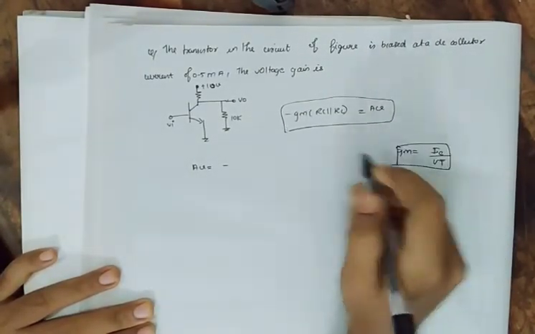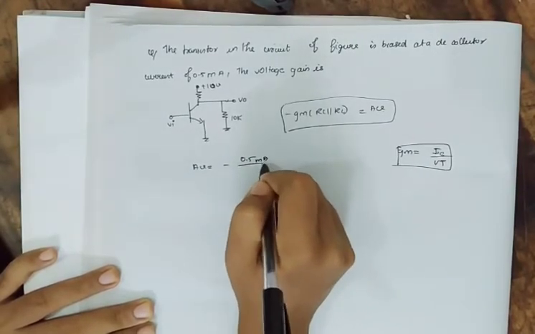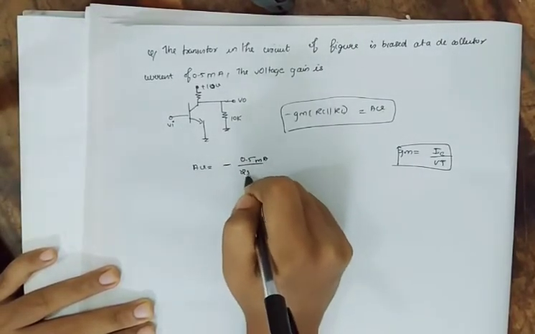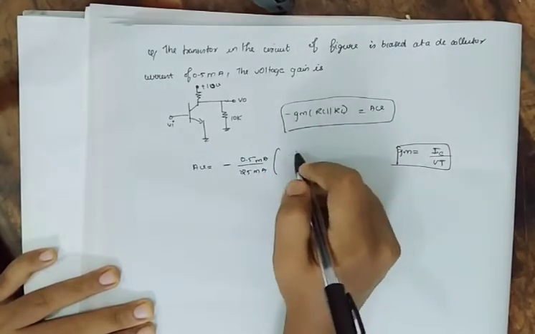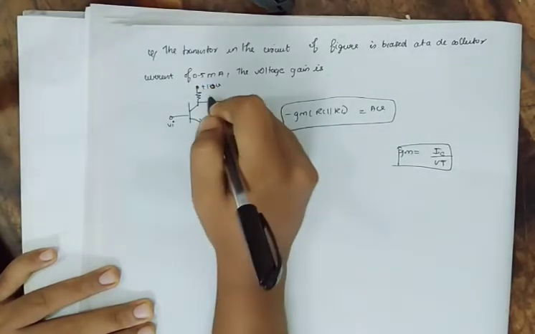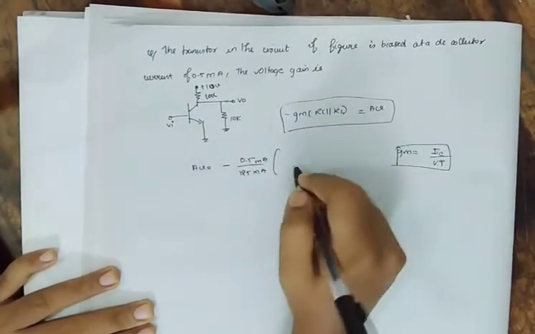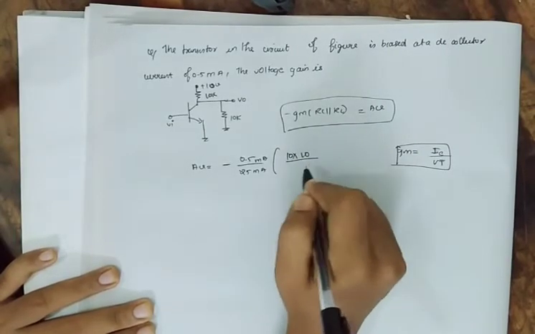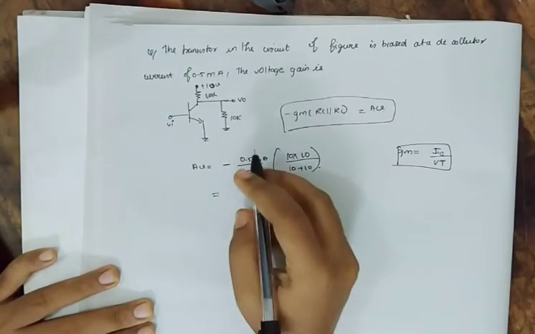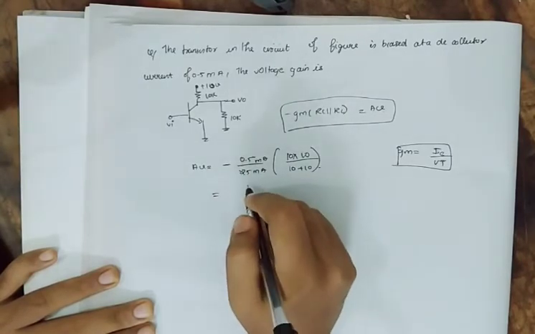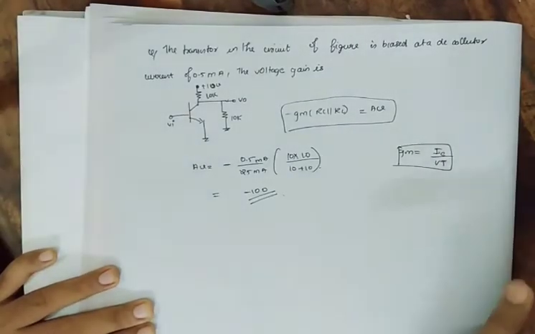Okay. So that is equal to 0.5 milliampere divided by 25 milliampere into RC parallel RL. This one was 10. Okay. So that is 10 into 10 divided by 10 plus 10, which is equal to minus 100. Okay.